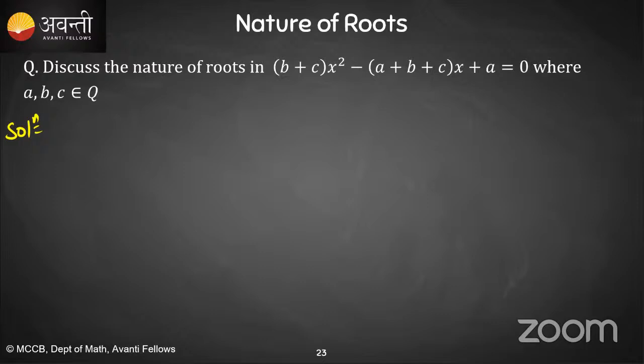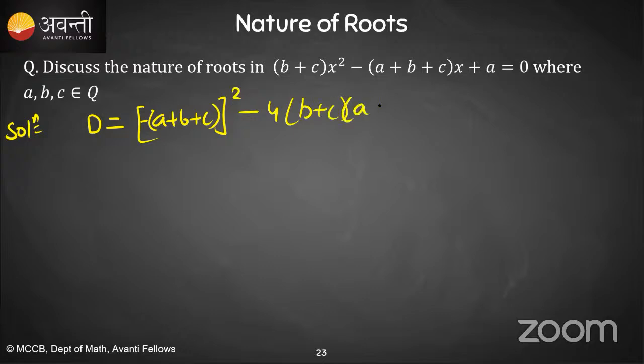So basically I have to check D. D is b square minus 4ac, which means (a plus b plus c) whole square minus 4 into a c.